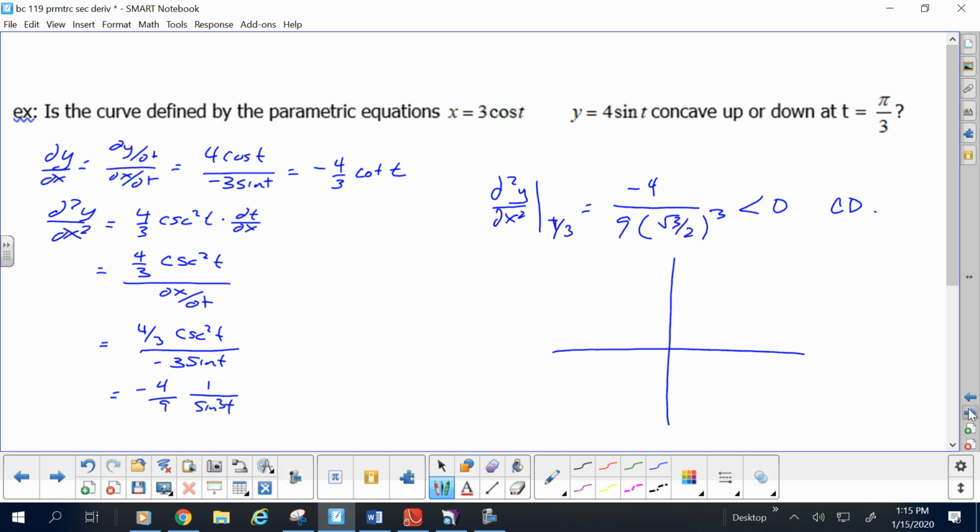Divide and square. So what would this be with the parameter eliminated? X squared over 9 plus y squared over 16 equals 1. Are you with me? Yeah. And at pi over 3, I'm thinking maybe 3/2, so it's about here. Does it make sense that it's concave down at that point? Sure. Yeah. Okay.